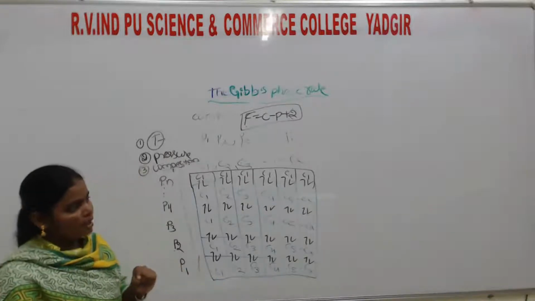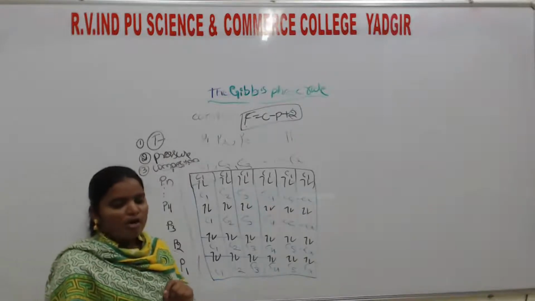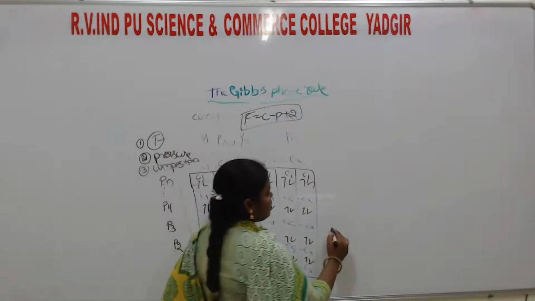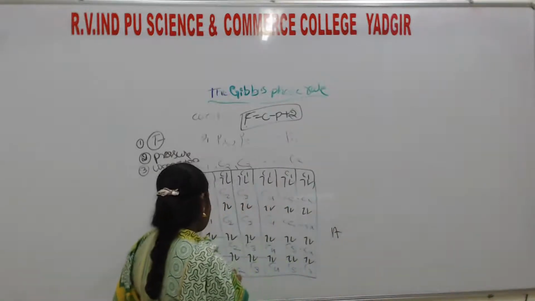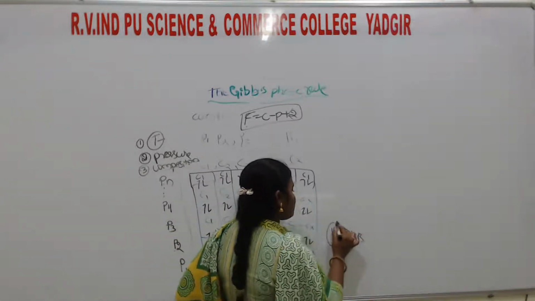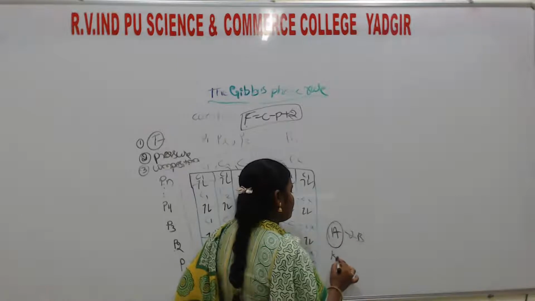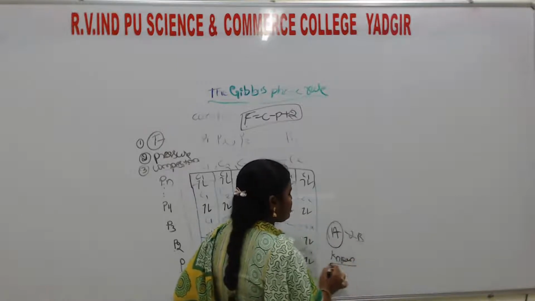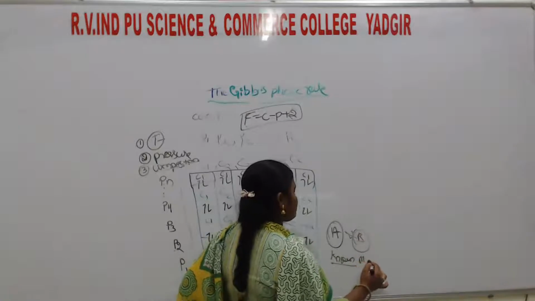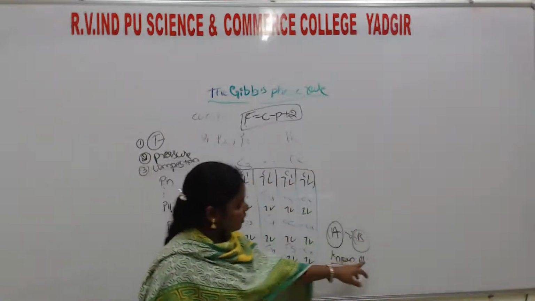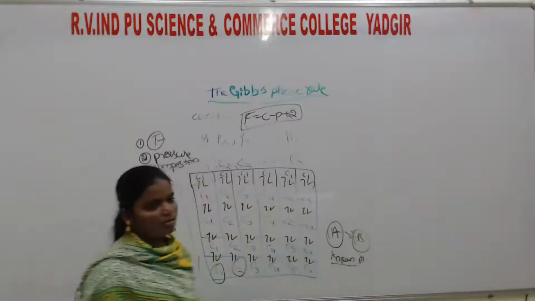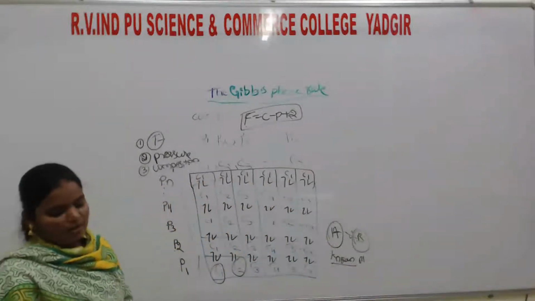The molar concentration of A is known, and you find out the molar concentration of B.